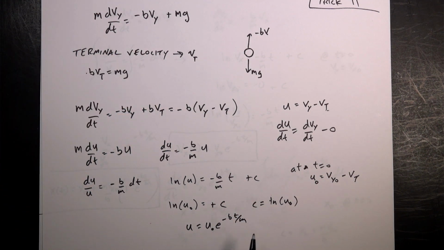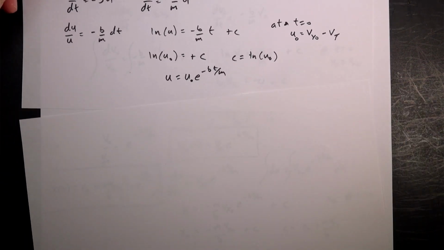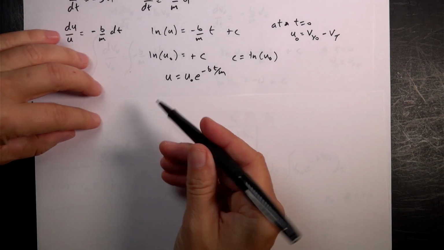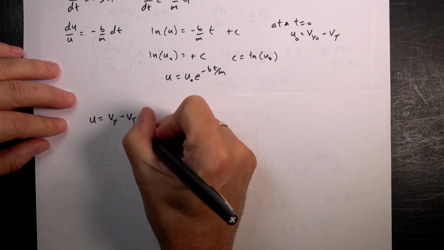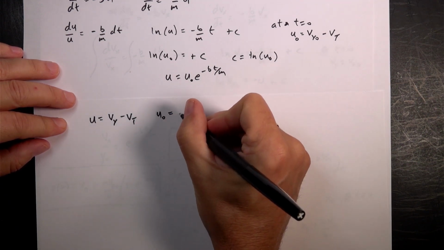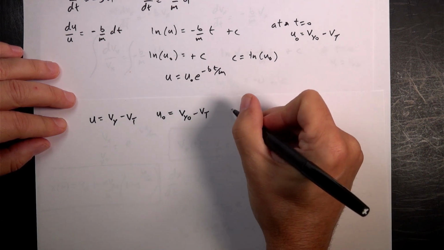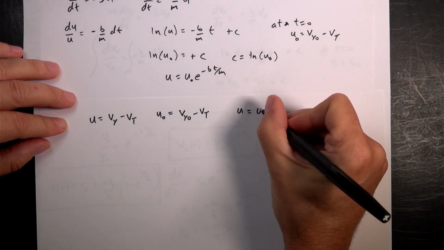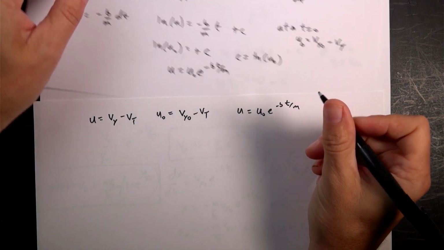Now we can substitute in our u and our u0. Okay, so let's do that. I'm going to start with this: u equals vy minus vt, u0 equals vy0 minus vt, and then u equals u0 e to the negative bt over m.